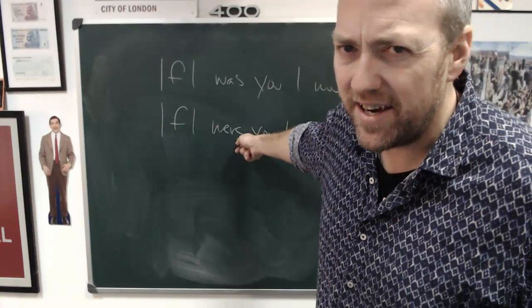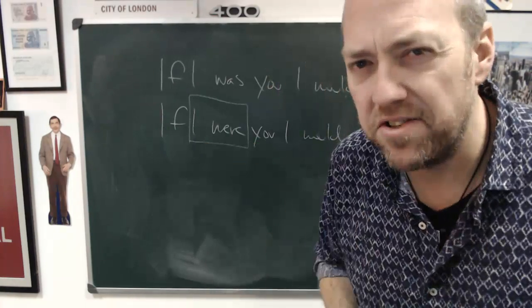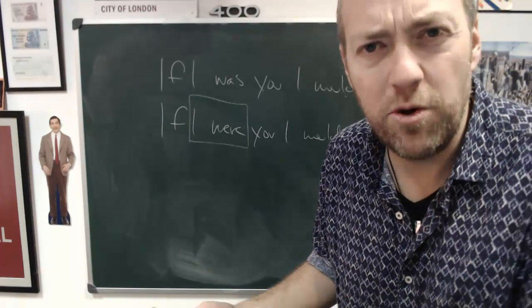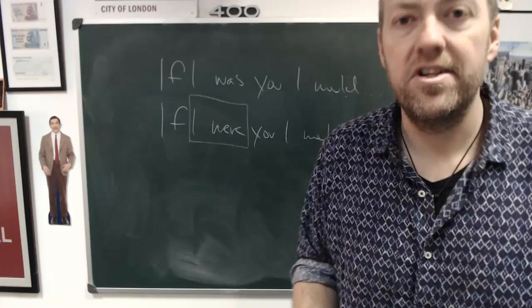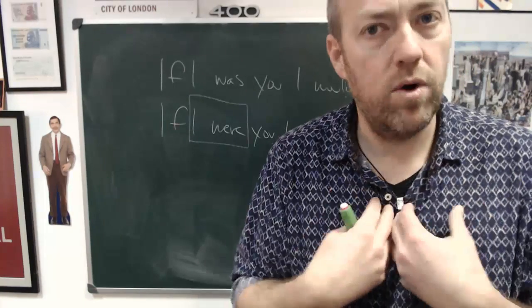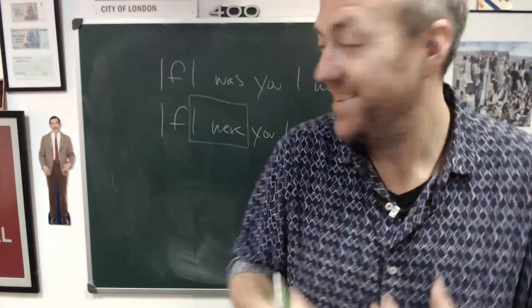But this one here, okay, is interesting because "I were", normally we don't say "I were". Okay? It's "I was" and "you were", not "I were". I was and you were.